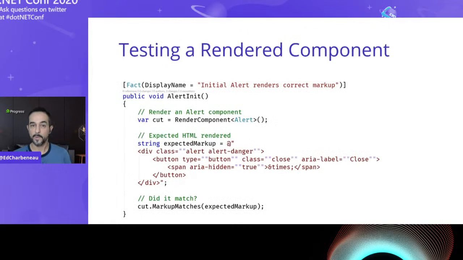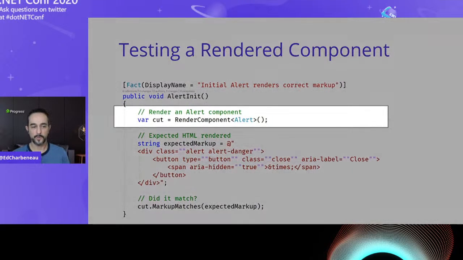So let's take a look at what a bUnit test for a Razor component would look like. It looks awfully similar to an XUnit test because it's actually leveraging the XUnit library. You can also use other unit test libraries with it, but I'm using XUnit. So we're going to test to see if the initial rendering of a component is valid and what we expect.